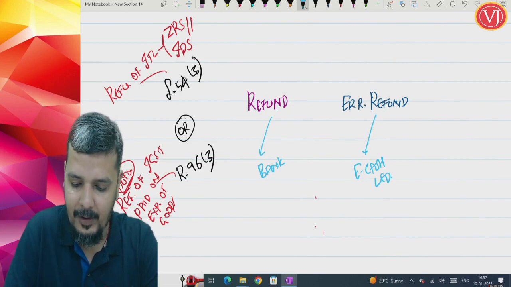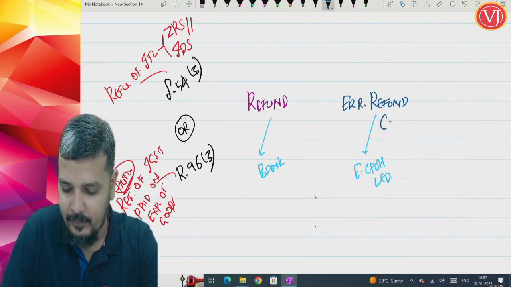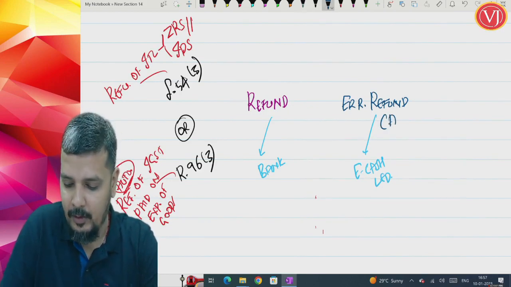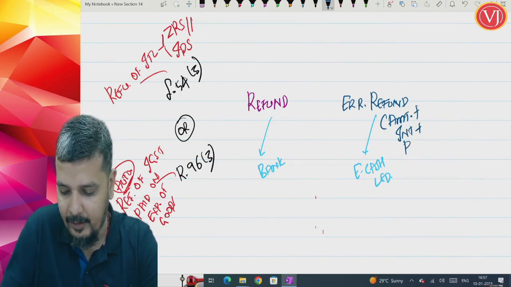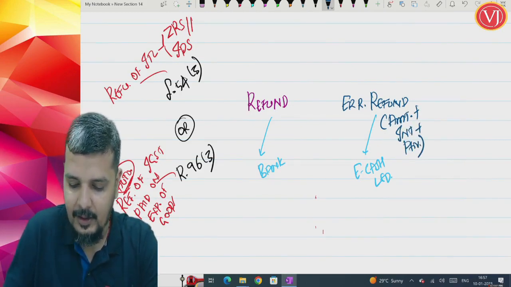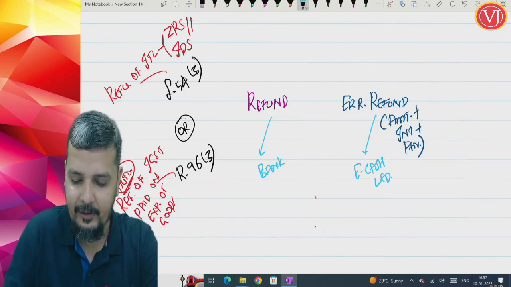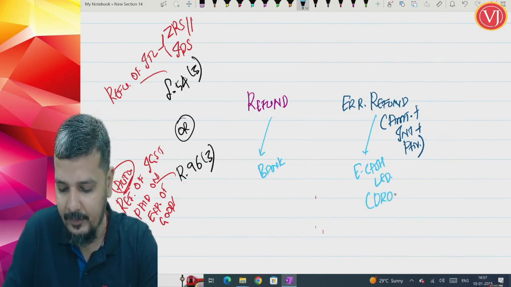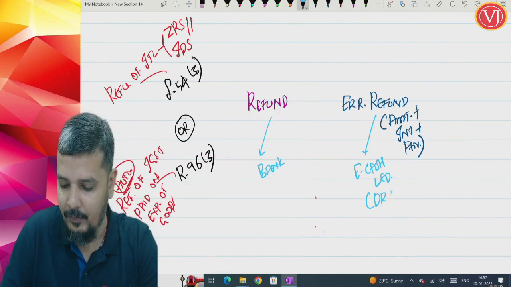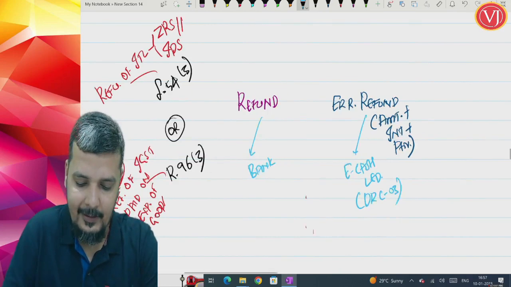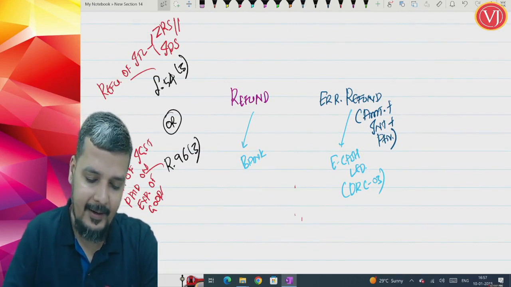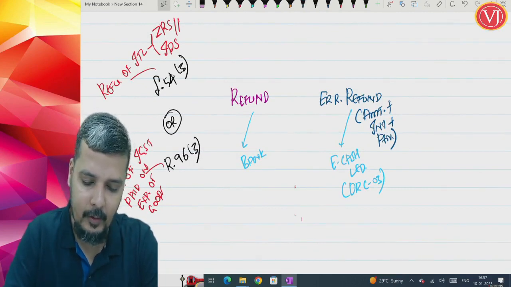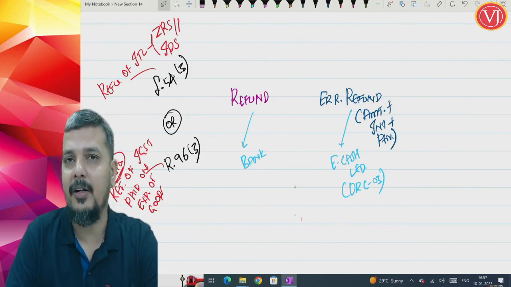You paid the refund amount with interest and penalty in the electronic cash ledger, and they are specifying the form that it would be DRC 03 form. Then the next step is you have to get back that amount. Understand that you had some amount in credit ledger. So you had some credit.